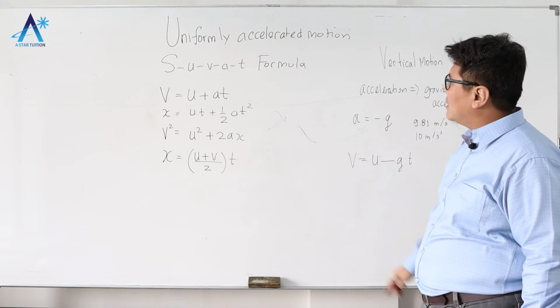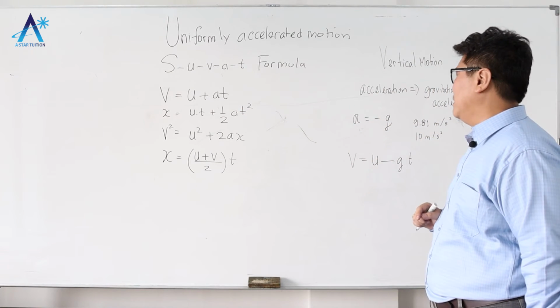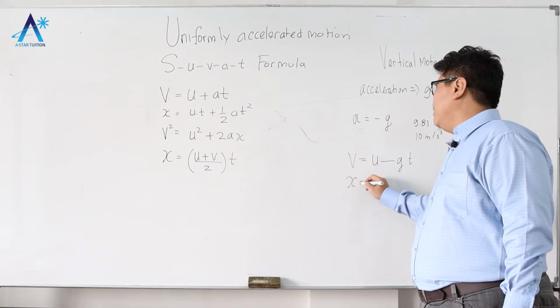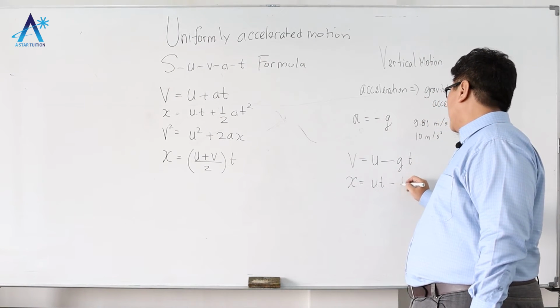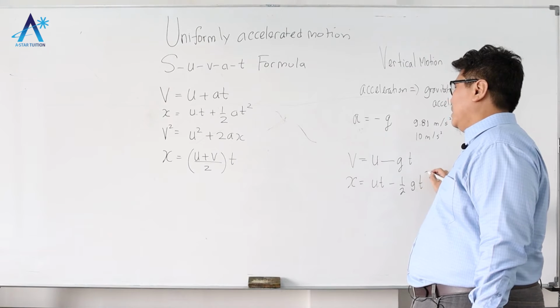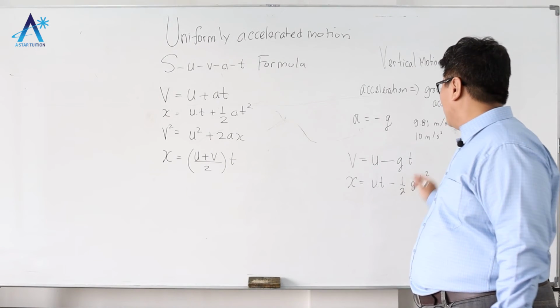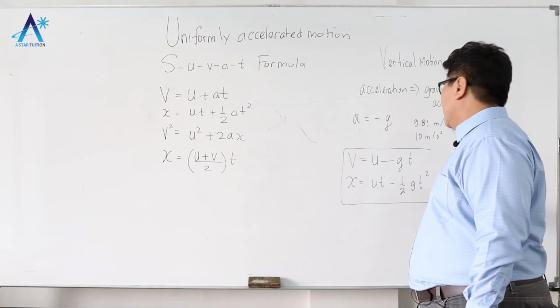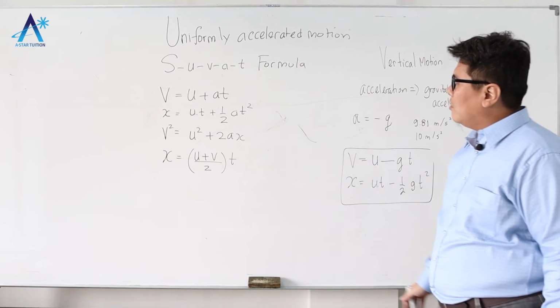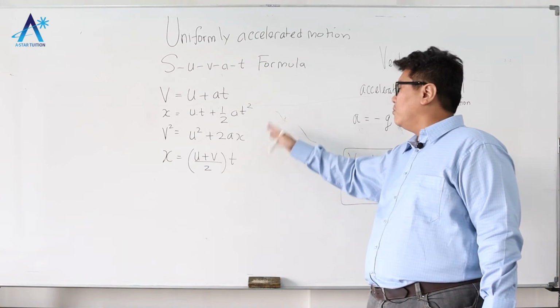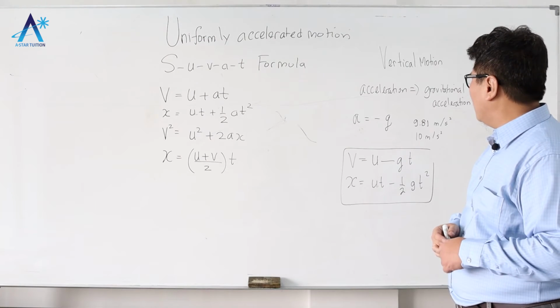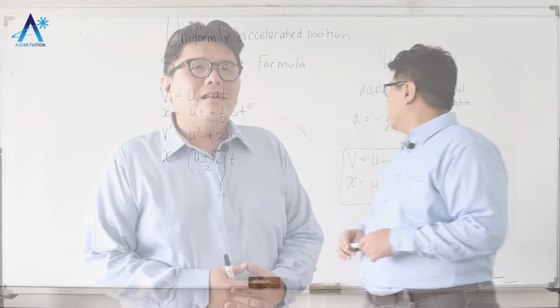You can see I just replace a with minus g, and x equal to ut minus half gt squared. Usually I only need to use these two equations. These other two are also applicable, but we don't really need them. For the vertical motion, we only need these two.